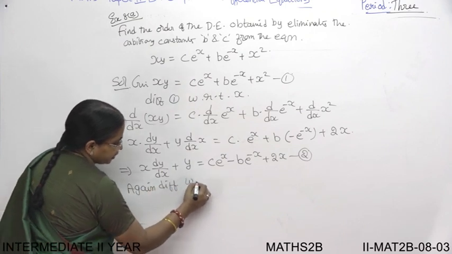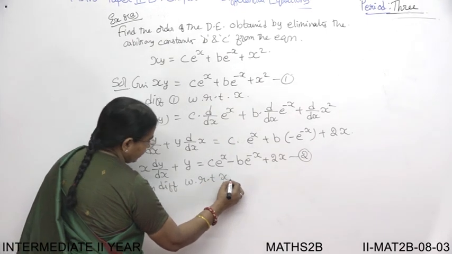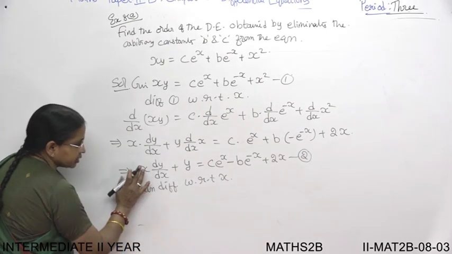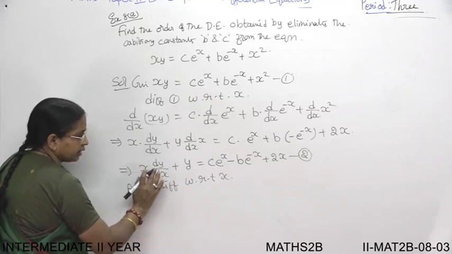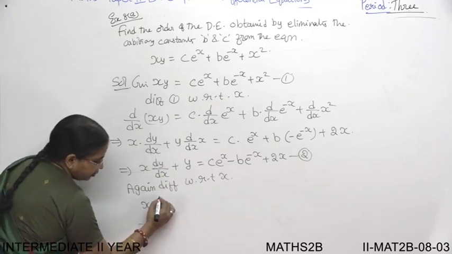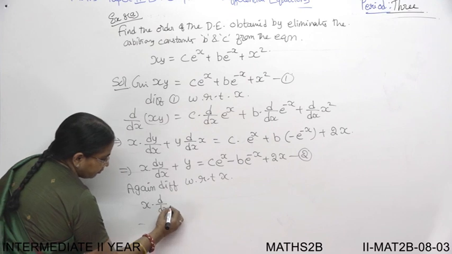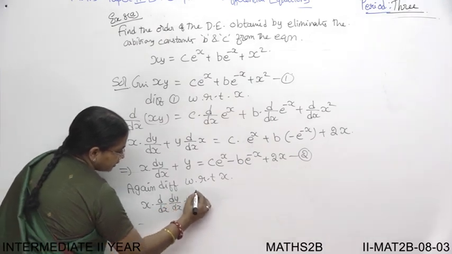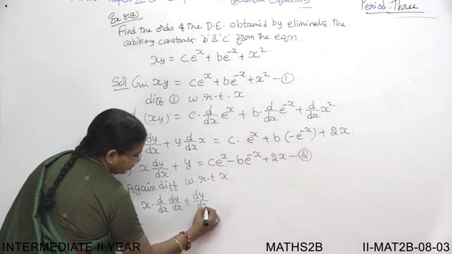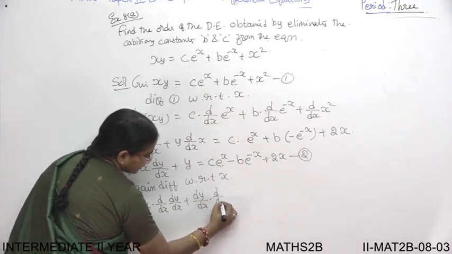Again differentiating with respect to x. So the derivative of x into, this is again in the form u v. This is u, this is v. This has again a derivative. So x into d by dx of dy by dx plus dy by dx into d by dx of x.